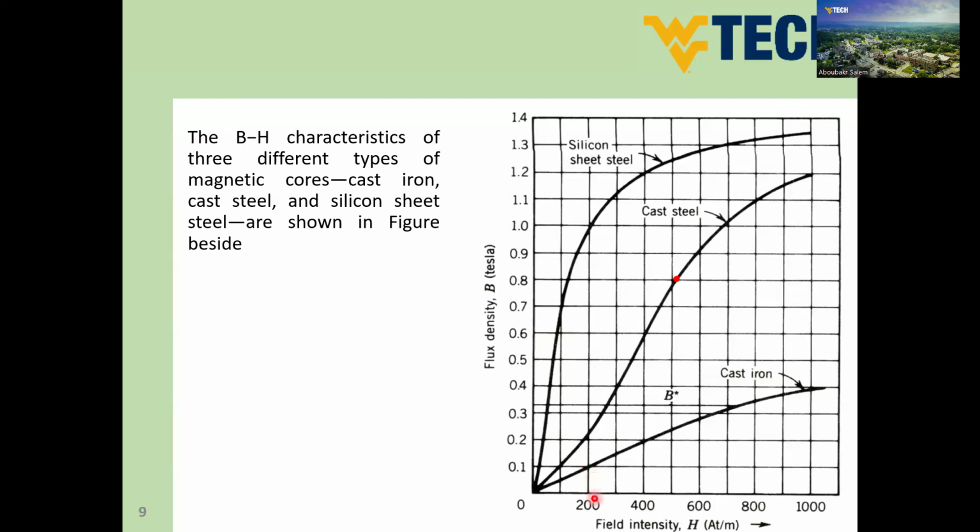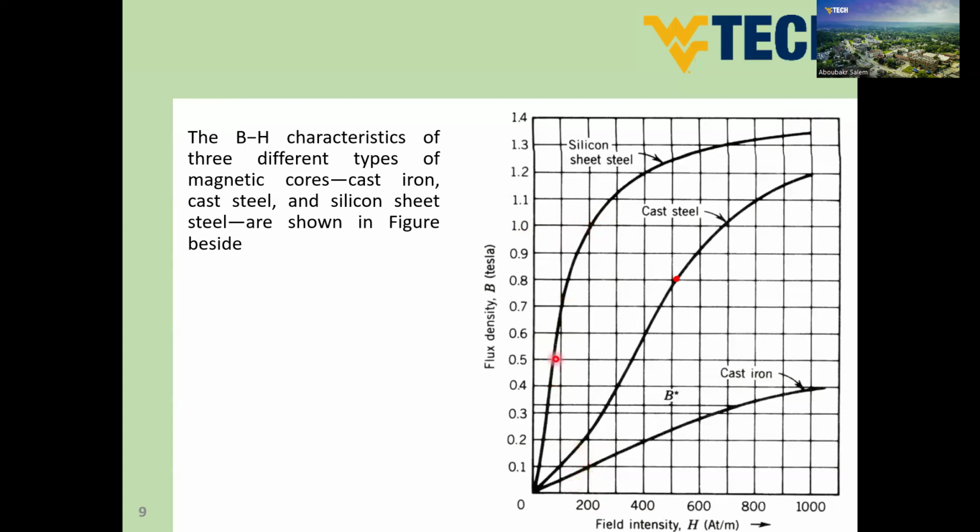For instance, if you have 200 ampere turn per meter, you can have a flux density of 0.1 Tesla if the material is cast iron. But for the same circuit dimensions, if you replace the core material from cast iron with silicon sheet steel, the magnetic flux density would be 1. So it's 10 times the magnitude.